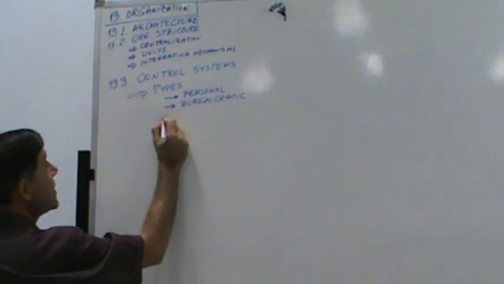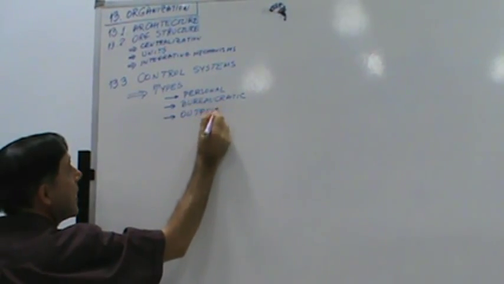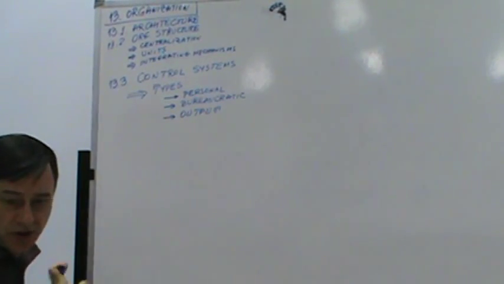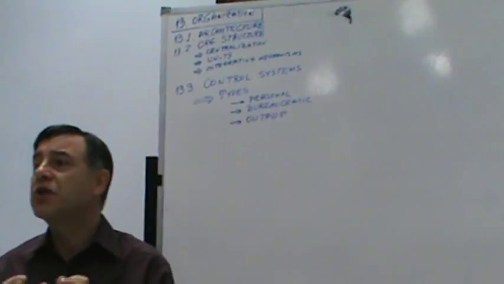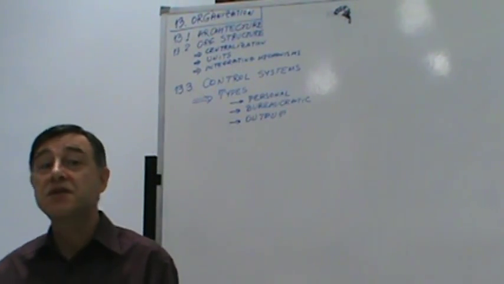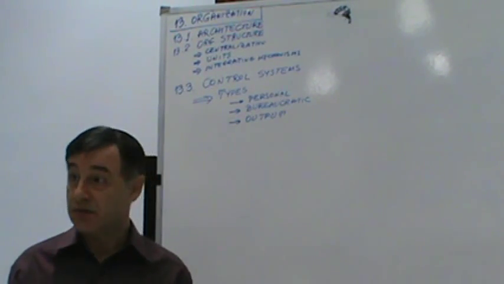The third one is output controls, where you have targets and people gotta meet certain targets. You focus on results, right?